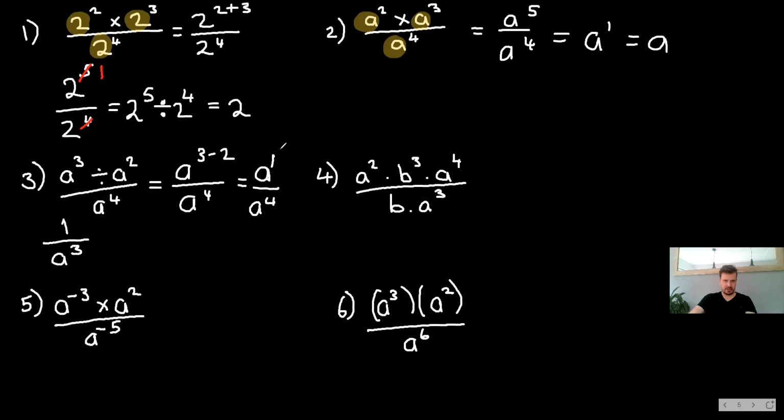So this 1 got subtracted from here, 4 minus 1, and so 4 minus 1 is 3. And when you remove all the letters from the top, you need something at the top, so there has to be a 1 there. This 1 is like a placeholder because all the letters have gone away. And we can't have 0 over A to the 3 because that would just be 0. So there's always a 1 there.